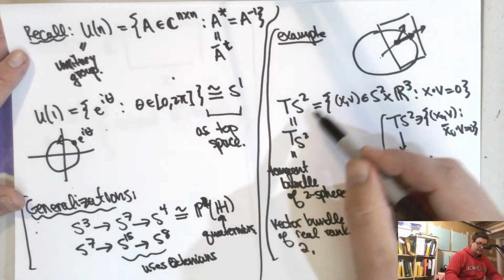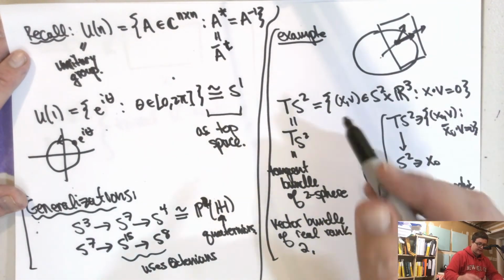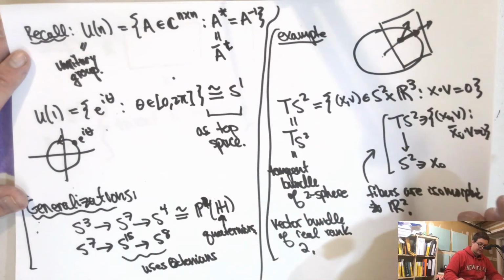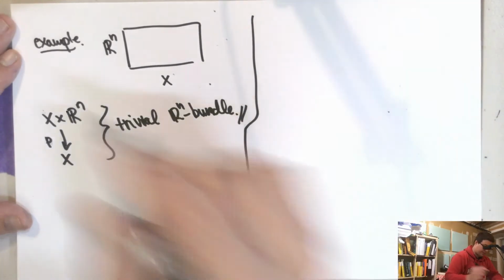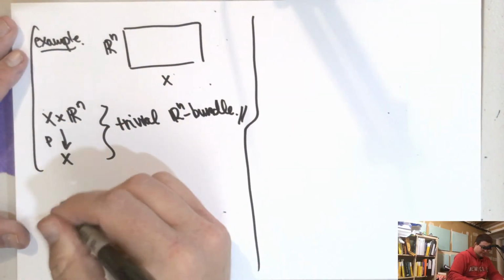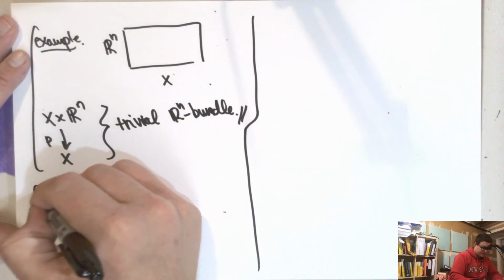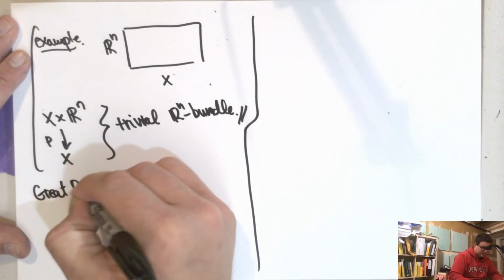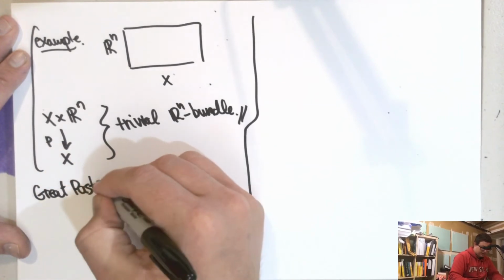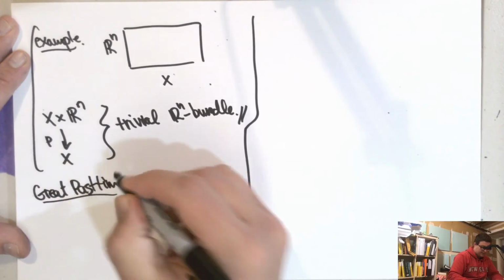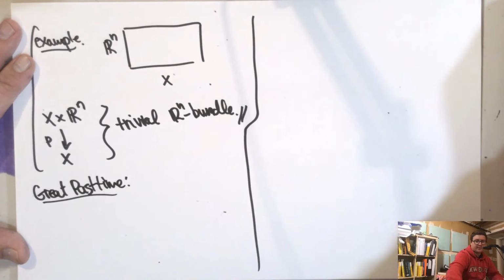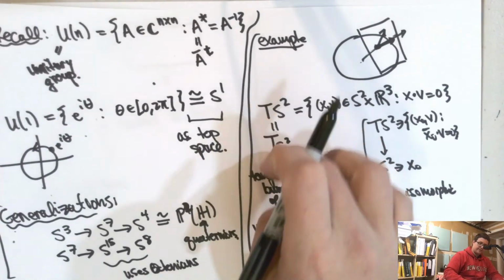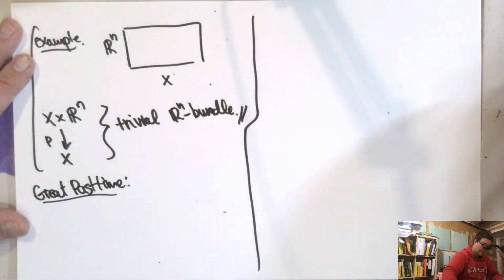And one of the big theorems about this is, so one of the things that we're interested in, a great pastime for mathematicians, is, okay, so this thing can be defined in total generality, this tangent bundle thing.